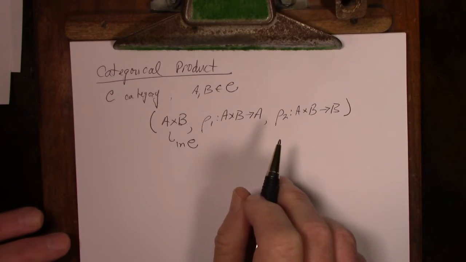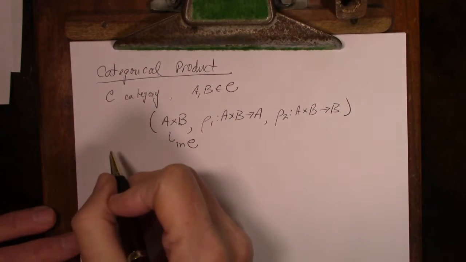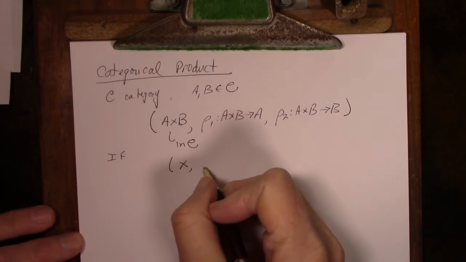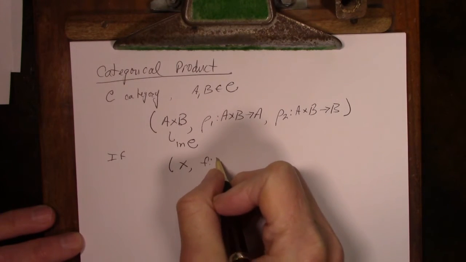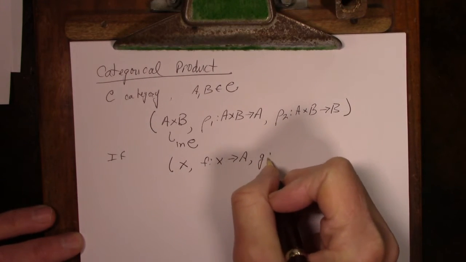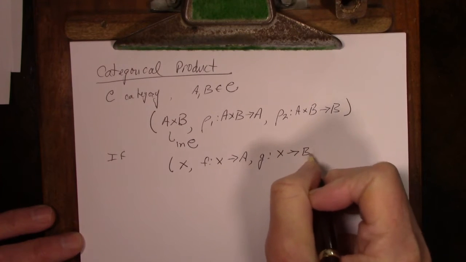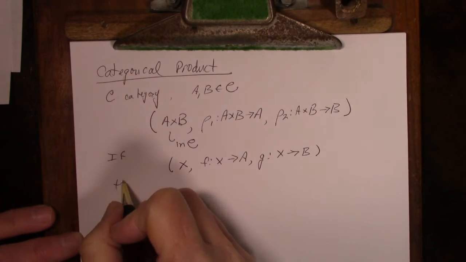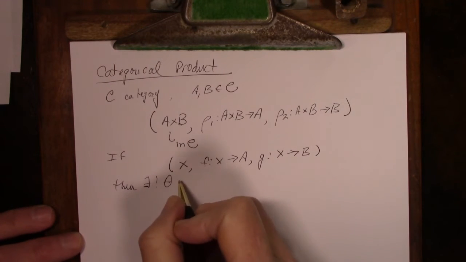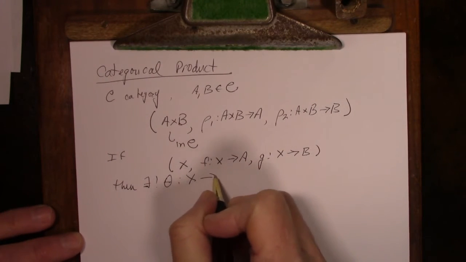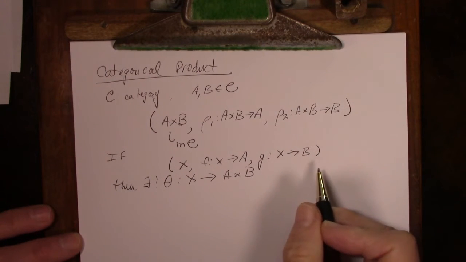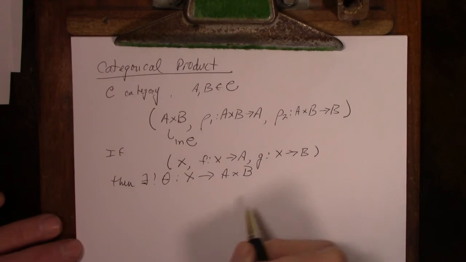And this triple must have the property that if we have any other triple of similar configuration, then there exists a unique morphism theta from X to A cross B with a certain property, and I'm going to draw the picture now so you can see what's going on.